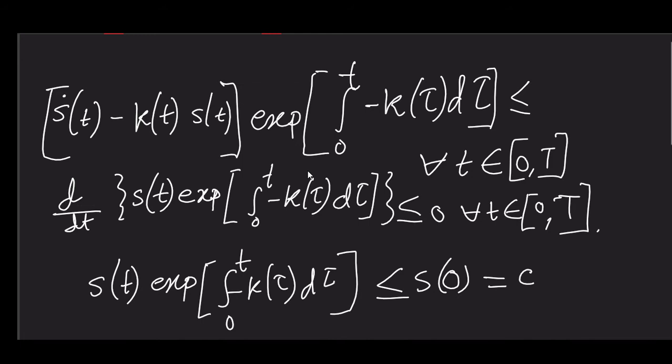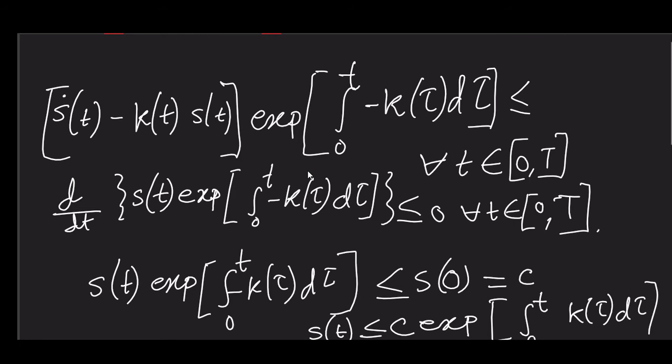So we can write it like s of t is upper bounded by c of exponential, which was what we are trying to prove, right? Because we have assumed that R(t) is upper bounded by S(t).